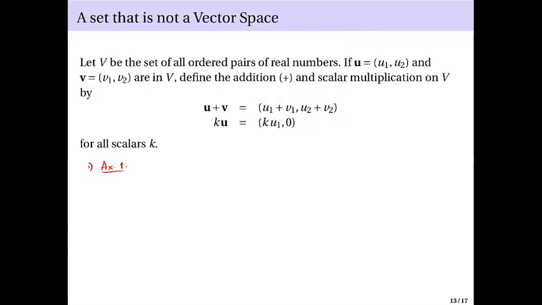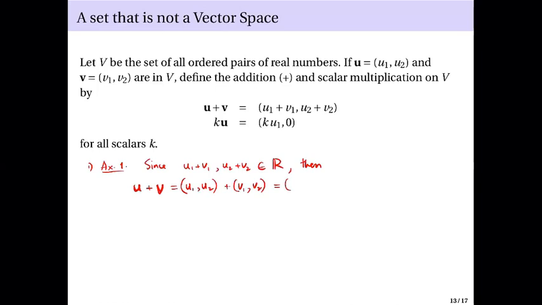Since U1 plus V1, comma, U2 plus V2 are both real numbers, then U plus V, this is what? U1, comma, U2 plus V1, comma, V2.